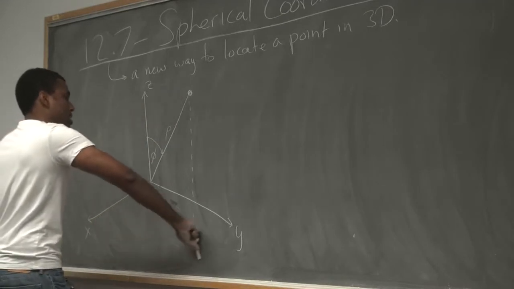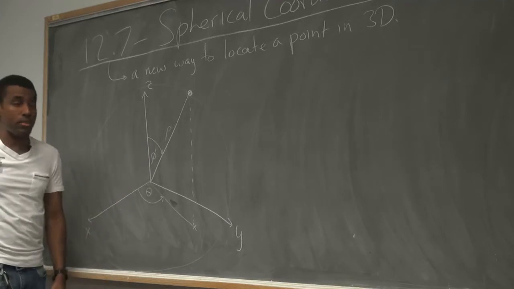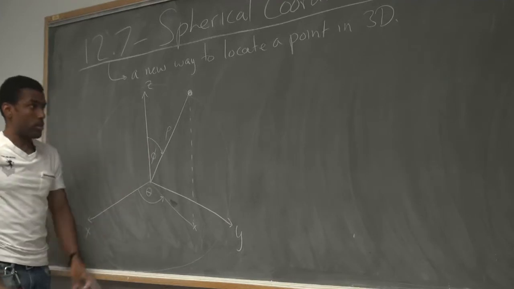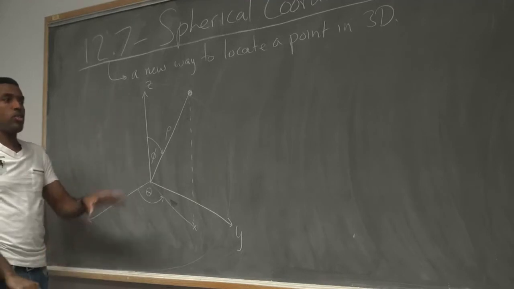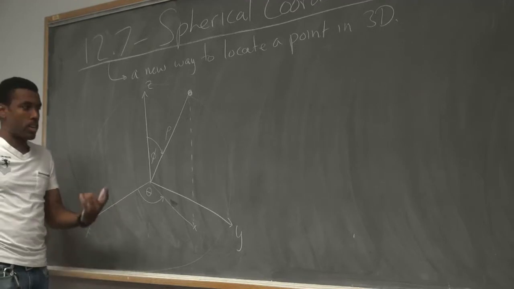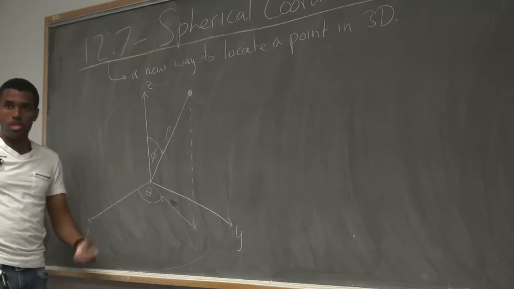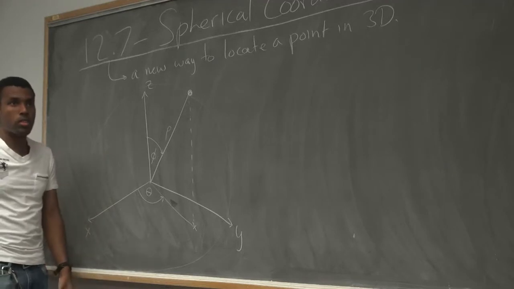And so you sort of imagine that there's this sphere here with radius rho, and you're trying to figure out how to navigate throughout that sphere. And we'll see this coordinate system is very convenient when you are integrating on a part of a sphere, just like how cylindrical coordinates was very convenient when you're integrating on a part of a circular cylinder. This comes in handy when you're integrating on a sphere, or a part of a sphere.